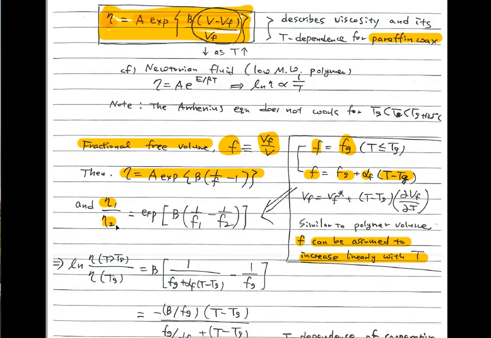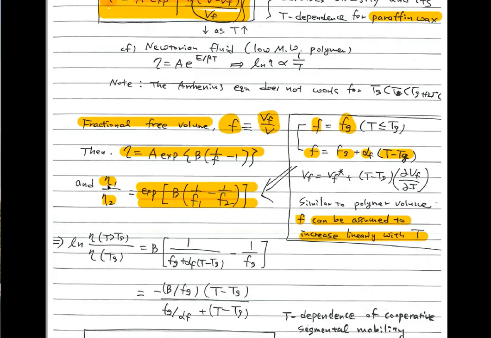The ratio between these two values, if you just divide one by the other, gives you this expression. Since both etas have A, it will disappear, and we'll have this expression.